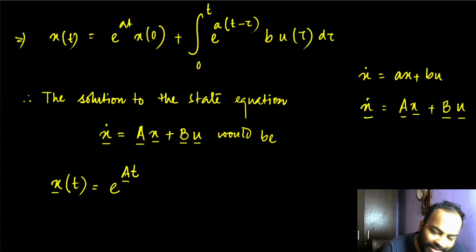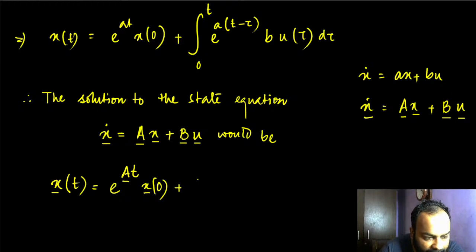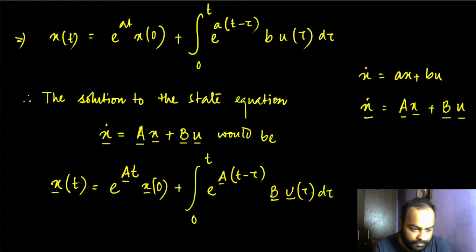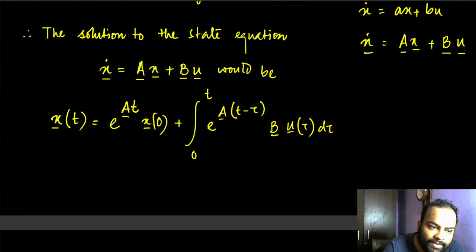Now you might say, okay, what is e to the power a matrix? What is e to the power a matrix? We are going to actually learn that shortly as well. So that's x0, plus this integration e to the power a, that's t minus tau, and here I have b u tau d tau. All right, so that's the solution of the state equation.